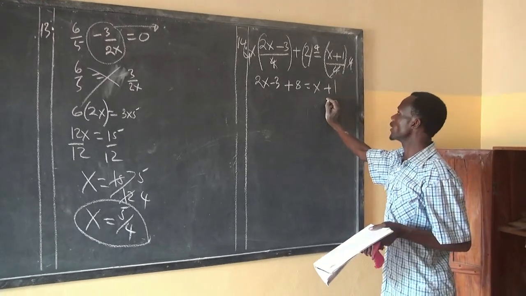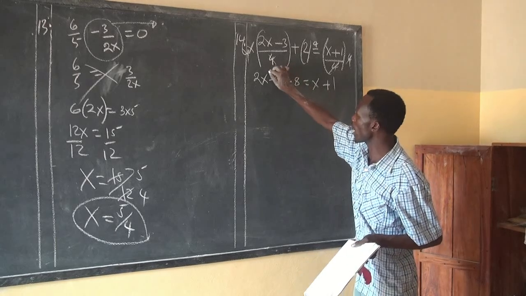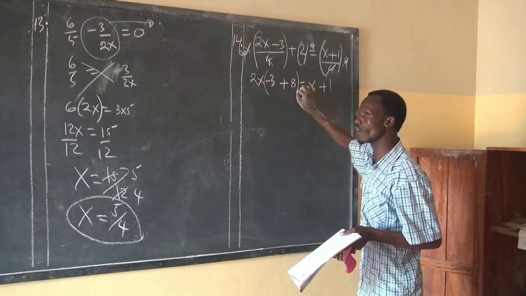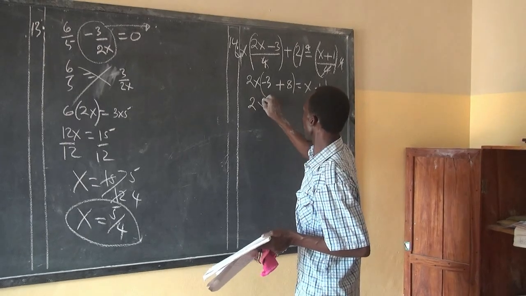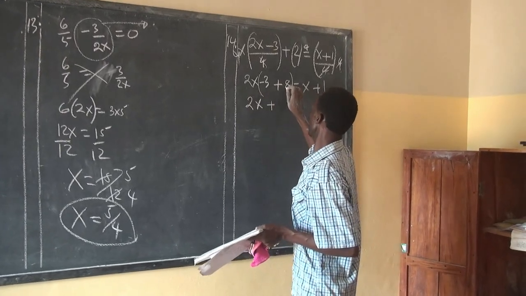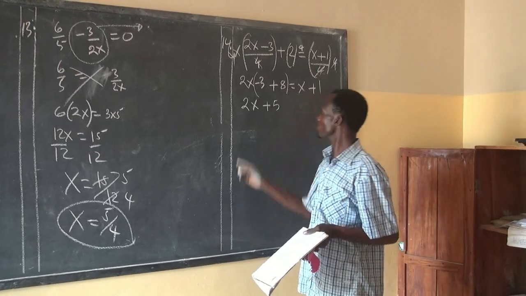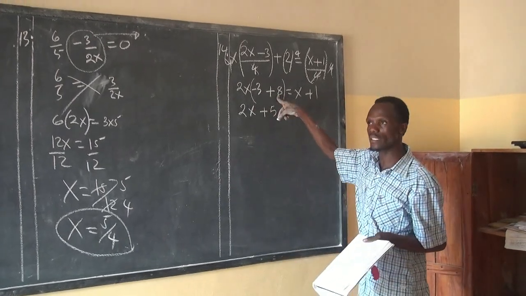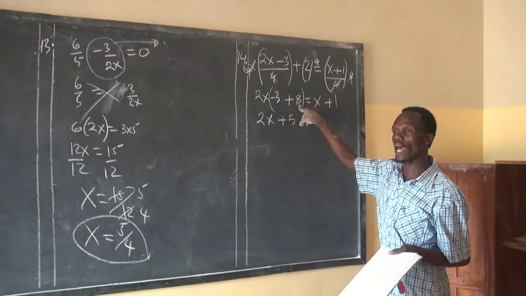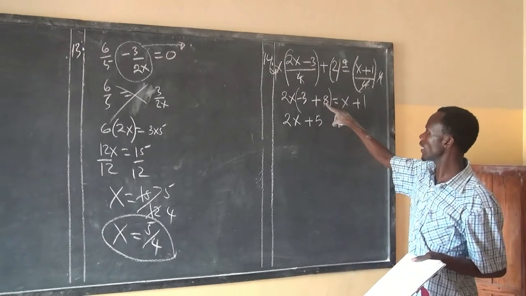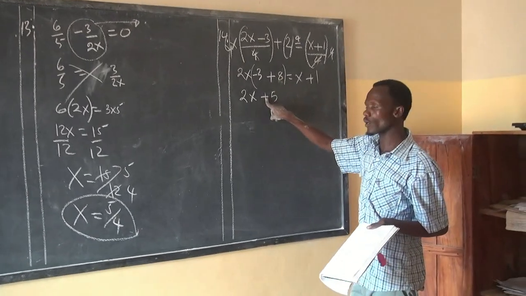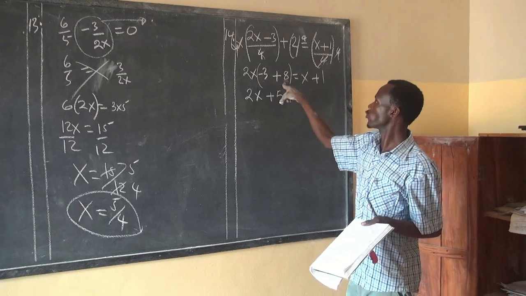Is this so? Now let us collect the like terms. Now we have negative 3, we have positive 8. Now it is 2x positive 5, because negative 3, positive 8. I've got the number which has greater value, positive, so the answer will be positive, the difference between the two numbers.